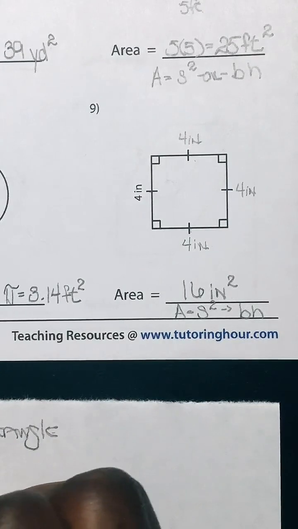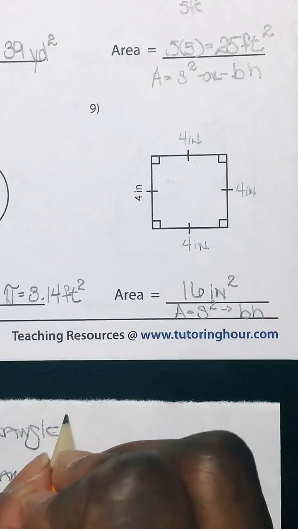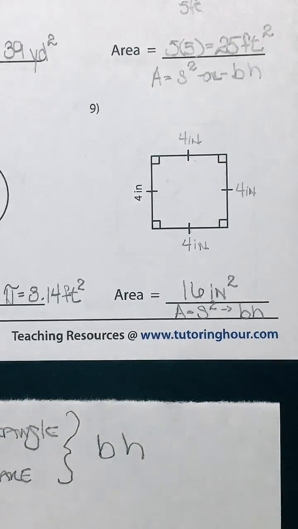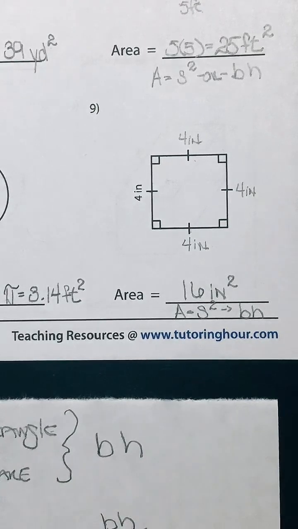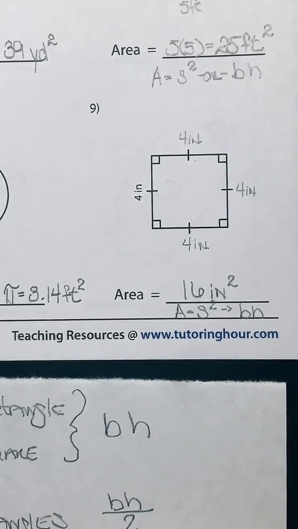So you got rectangle, squares. They're basically going to be base times height. Triangles is 1/2 a rectangle, so it's base times height divided by 2. And then circles, the area is going to be pi r squared.